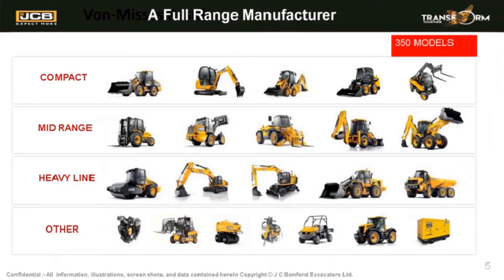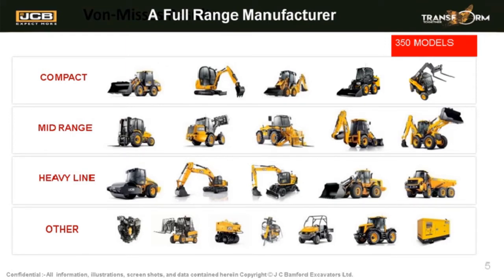Now I want to give you a feel for the range of products that we produce. Most of these are made from welded steel fabrications produced in-house, all of which require tooling and weld procedures to be developed. The range is extensive, over 350 different models. Products include the iconic backhoe loader that you can see here, telescopic handlers, wheeled loading shovels, excavators, skid steer loaders, dump trucks, you name it.